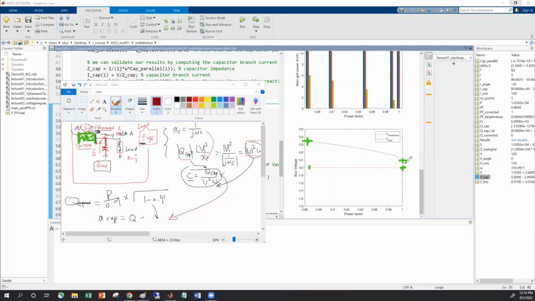So by doing the reactive power compensation, I literally do not need to maintain a high voltage at this grid high side, okay? So that way it will also be beneficial because there is less voltage drop along the way, okay? So there is less requirement for maintaining a higher voltage at the sending end, okay?